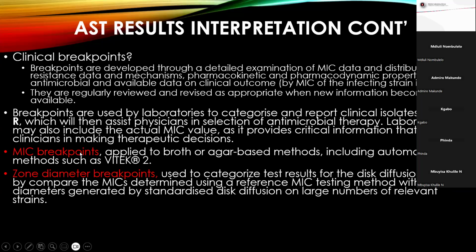When you are interpreting results, also you need to pay attention to clinical breaking points. You usually need a reference point, which will be used for you to say resistant, susceptible, or intermediate. You need what's called breaking points, depending on the methods which you are using. If you are using the disc method, the breaking point is the diameter of the inhibition zone.